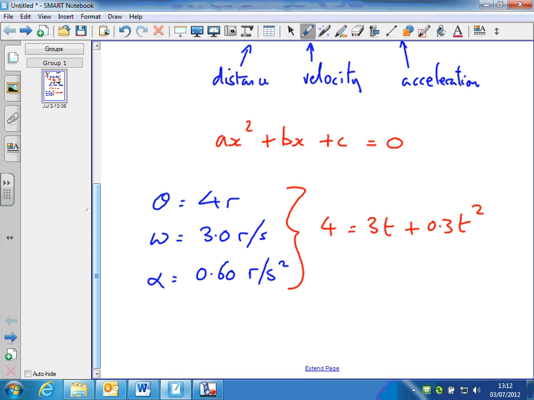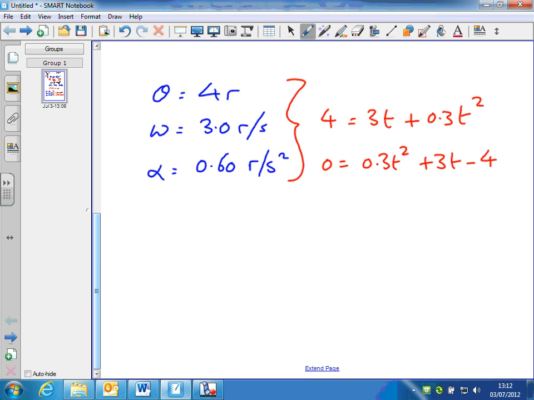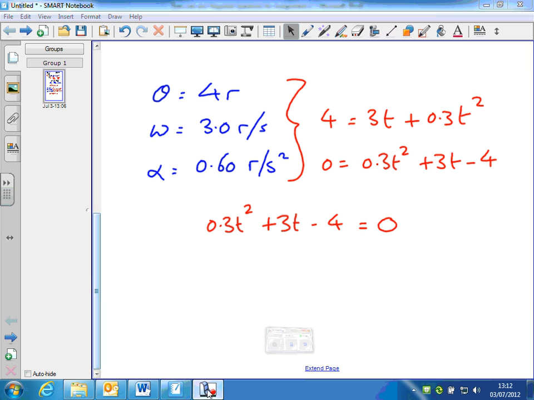So now we need to get the 4 to the right hand side, so we get that 0 equals, putting the square term first, 0.3 t squared plus 3t minus 4. And so we now have a quadratic equation, 0.3 t squared plus 3t minus 4 equals 0. So we can get the values for a, b and c in the quadratic formula and solve it. I'm sure you can complete that question from there.